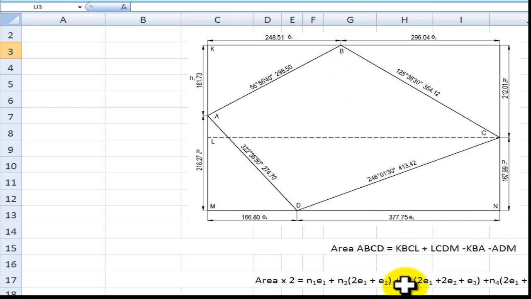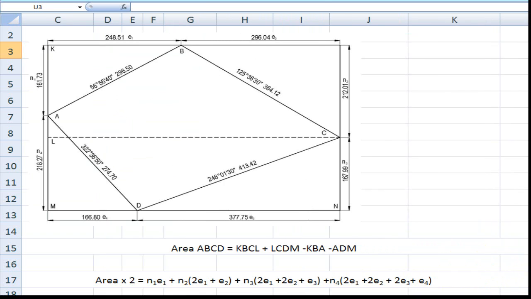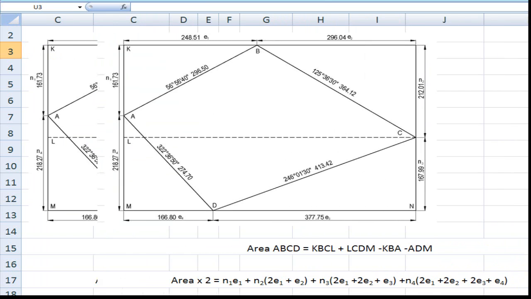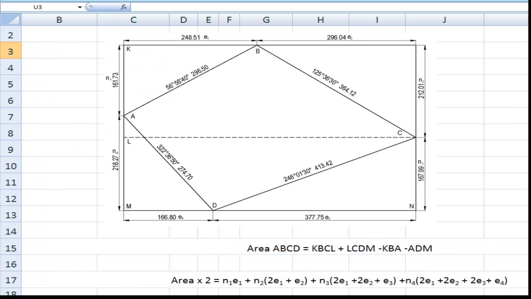The way to determine that is to use this formula here, which gives us twice the area: N1 times E1 plus N2 times 2E1 plus E2 and so on, and you can read it as it's working through there.